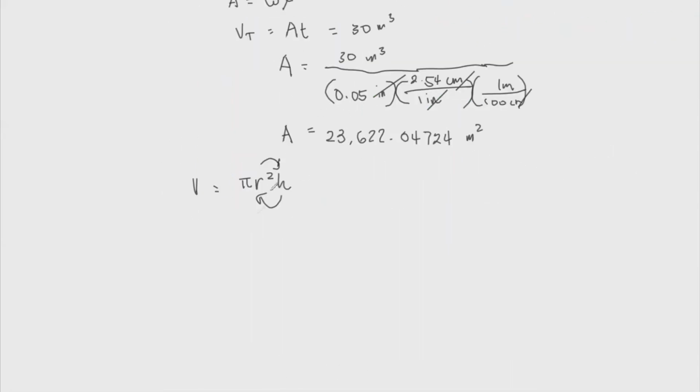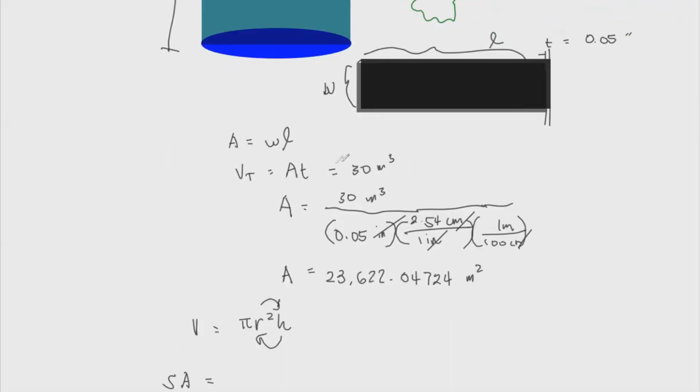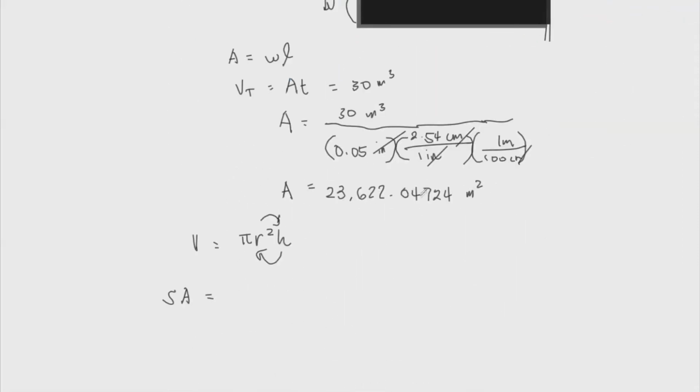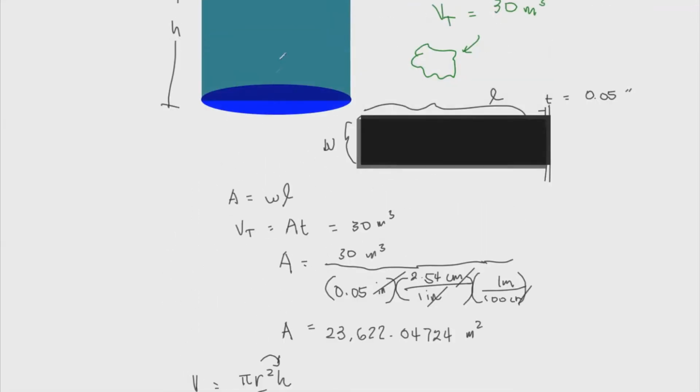If we need to find the surface area of the metal that we'll be constructing from these metal sheets, the surface area is simply the lateral area plus the base.